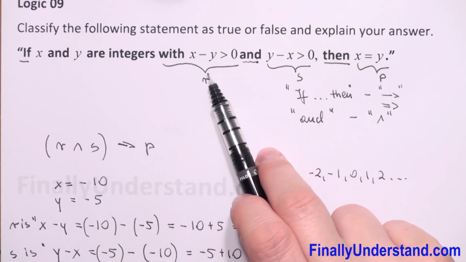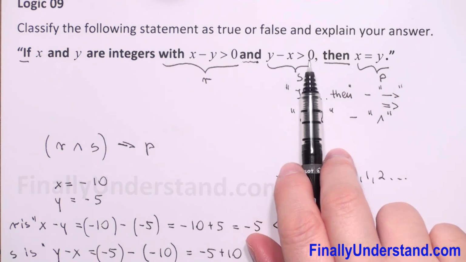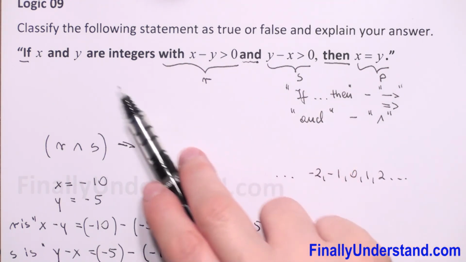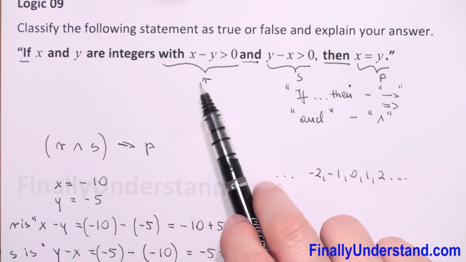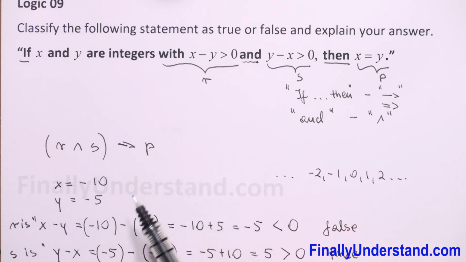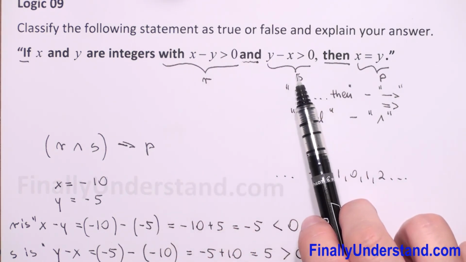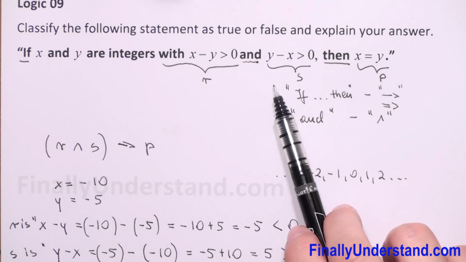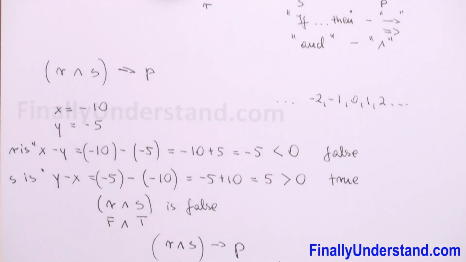So x minus y must be greater than 0 and y minus x greater than 0 when x and y are integers. This is impossible for both statements to be true. So that's why the left side will never be true. We always get false. That's why our statement is true.